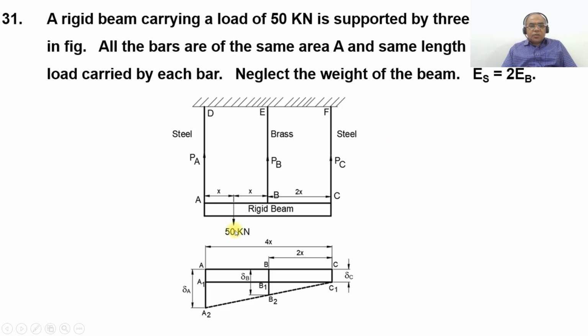As the load is acting downwards, the tension in the steel wire will be PA, the tension in the brass wire is PB, and the tension in the steel wire again, at C, will be PC. Now we will try to solve this problem.